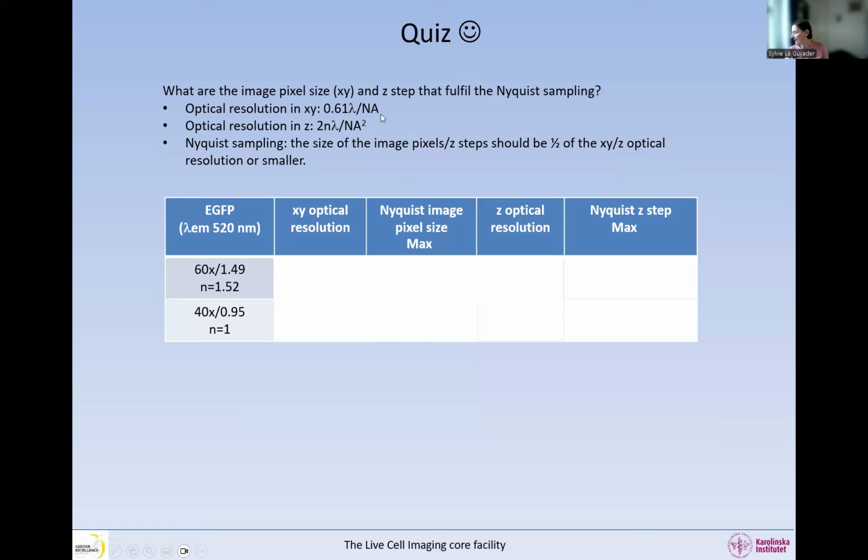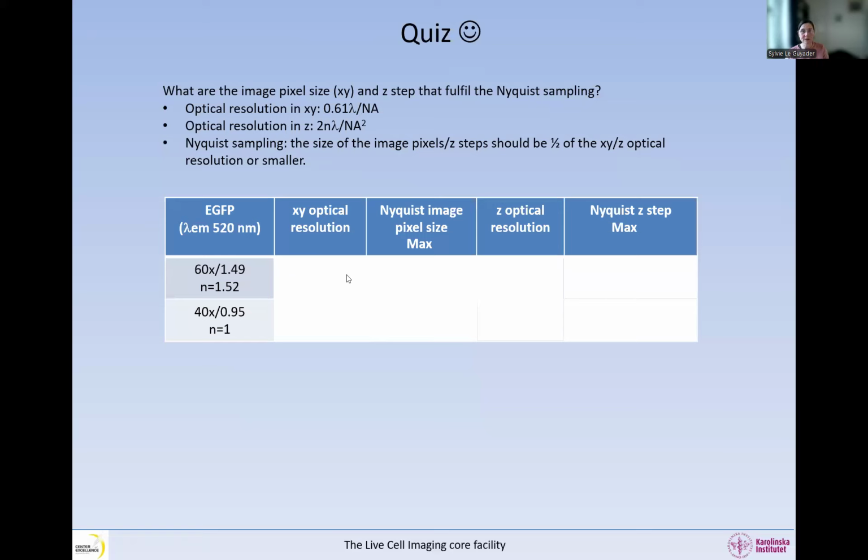Anyone can tell me? What is the optical resolution of the 60x objective? 208.